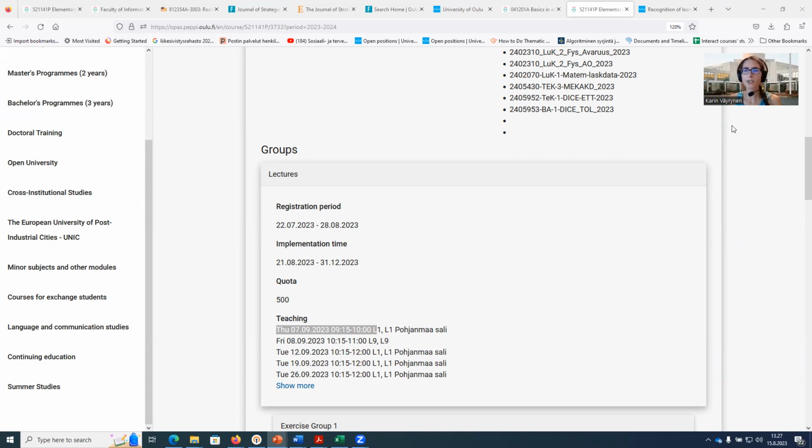And hopefully this will help you to be able to start your studies without the danger of missing out on starting with the optional studies right away from the very first day, when the studies start very soon in a couple of weeks.